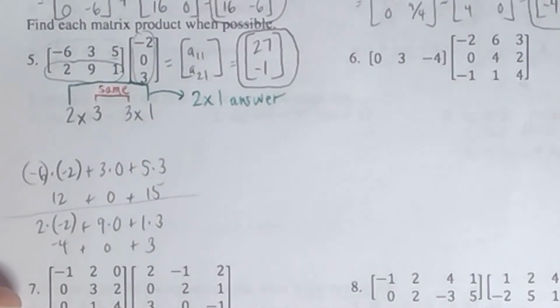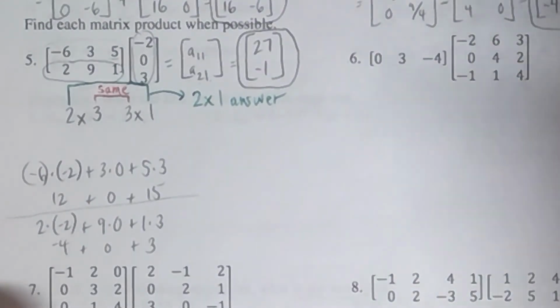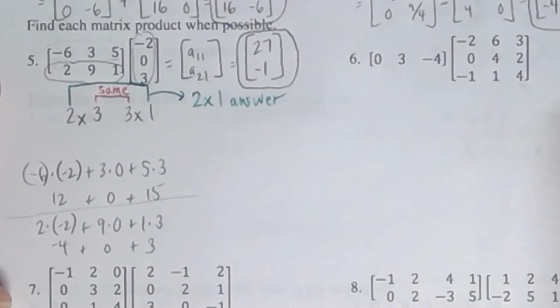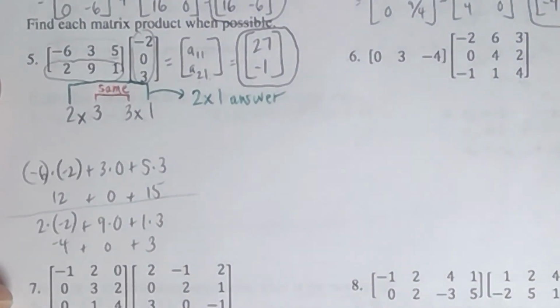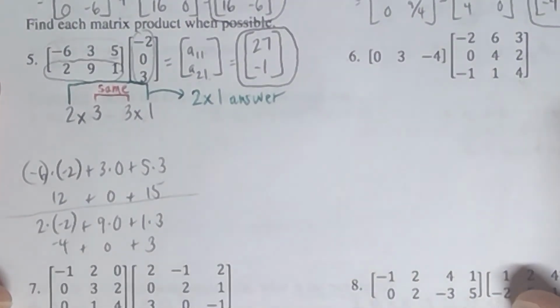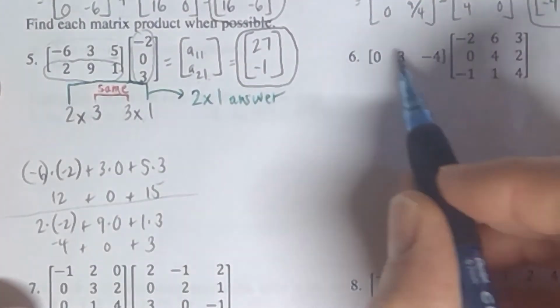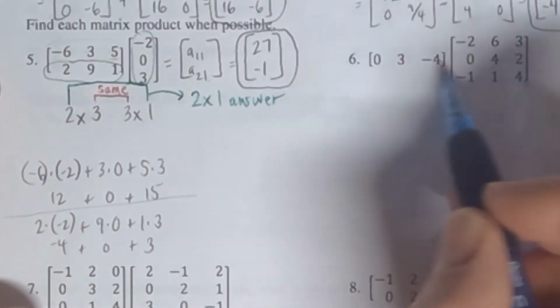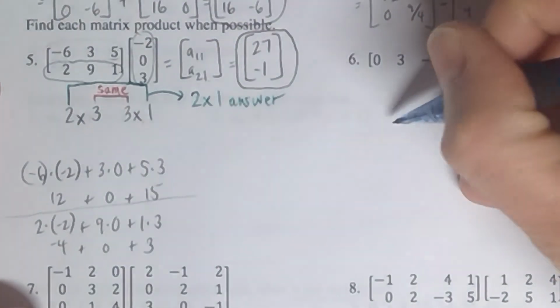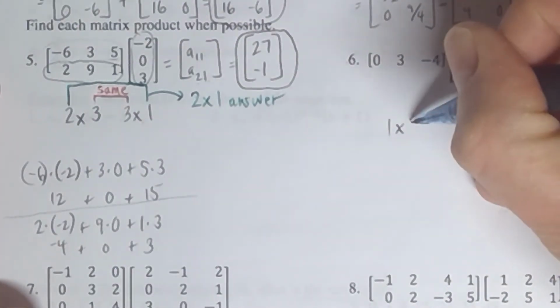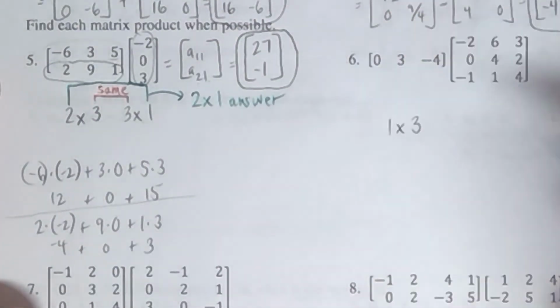Number 6. Again, we don't multiply matrices together unless we first determine, just like with addition and subtraction, can we multiply them together? This one right here is a 1 by 3 because it is a 1 row and 3 column matrix.